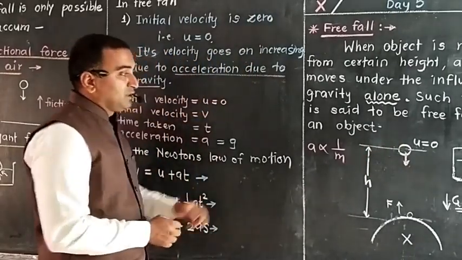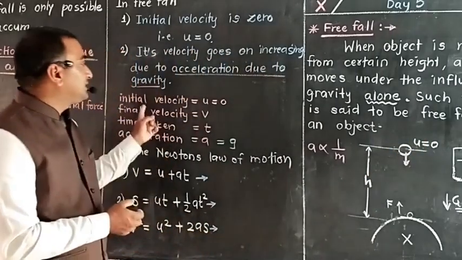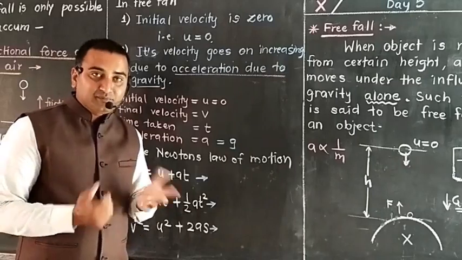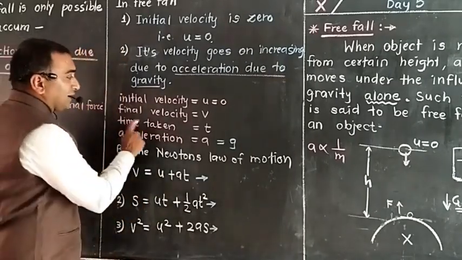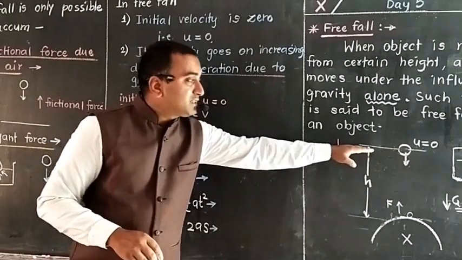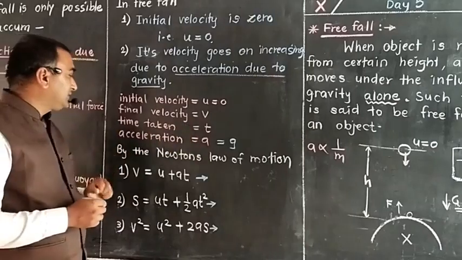So what we have discussed here: initial velocity is u, that is always 0. Final velocity is indicated by v. Time taken, that is the time taken by the object to cover the distance from that height to the surface, is considered as t.